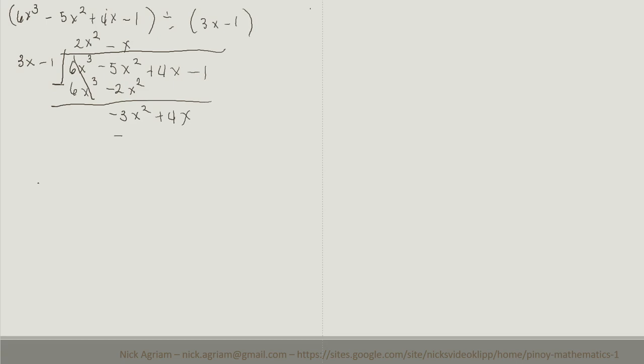So we have negative 3x squared plus x. So we subtract, we have 0, negative, positive, so we have 3x minus 1. Plus 1, we have 3x minus 1. Subtract. Oh, we have 0 and 0, 0. Good. Then that is the factor.